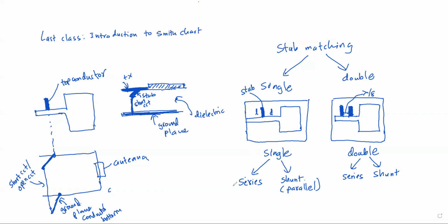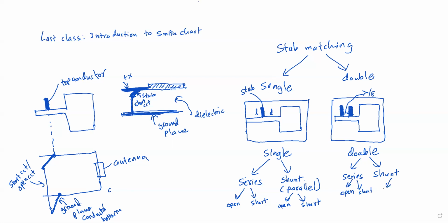As I said, we can connect each of these stubs in series or shunt, and each of them we can again divide into two parts, open or short circuit.